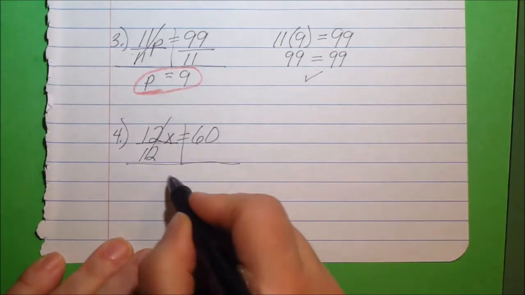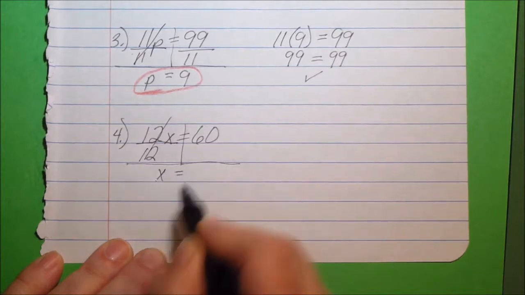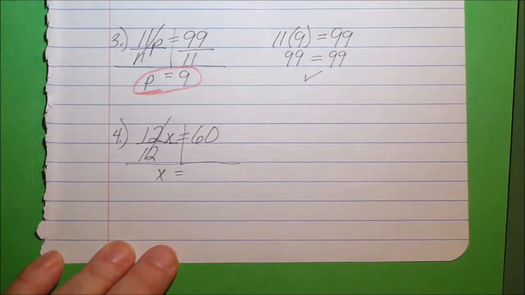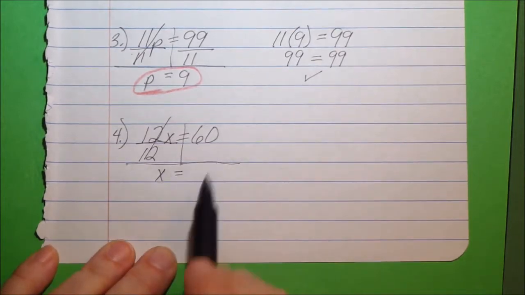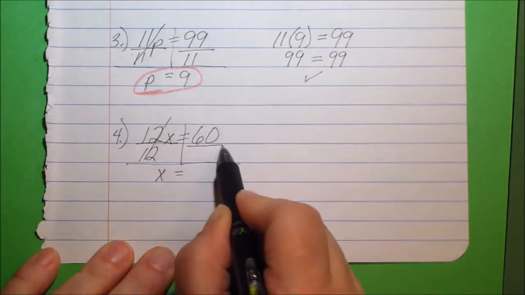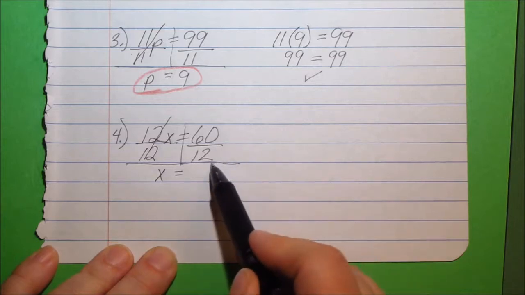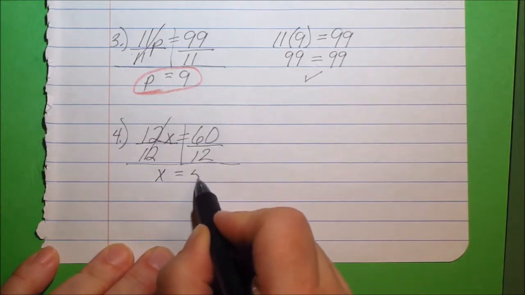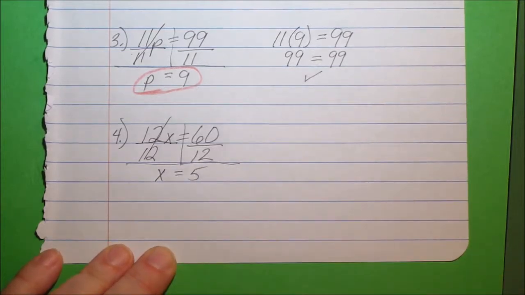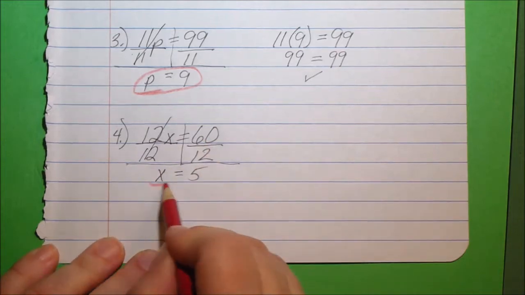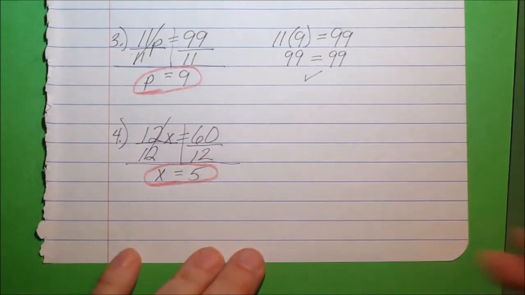So now that's gone, and x is by itself, just like it wants to be. What we do to one side, we have to do to the other. So we're going to divide 60 by 12 as well. 12 goes into 60 5 times. So I think x equals 5.